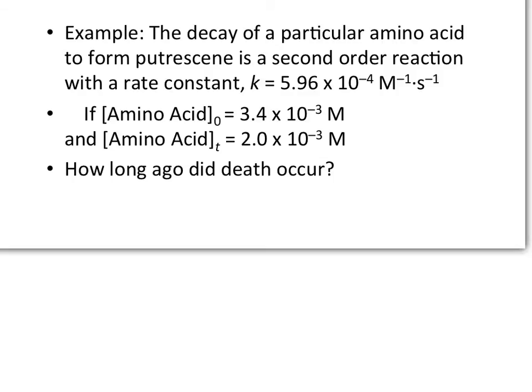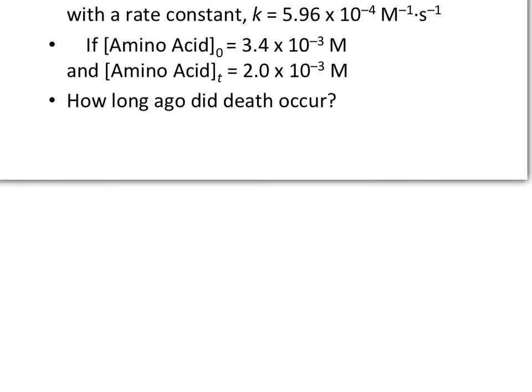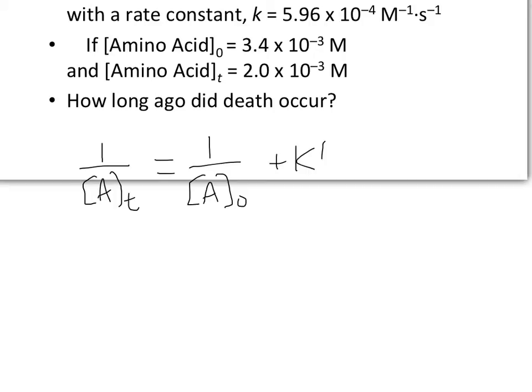And so we really just need to plug into the equation above. So let's rewrite that. So that's 1 over the concentration at time t is equal to 1 over the original concentration plus kt. What do we have here? There's our original concentration, so A sub 0.